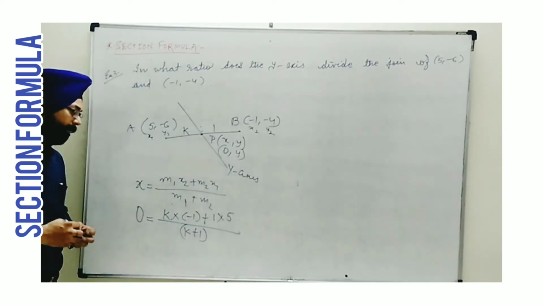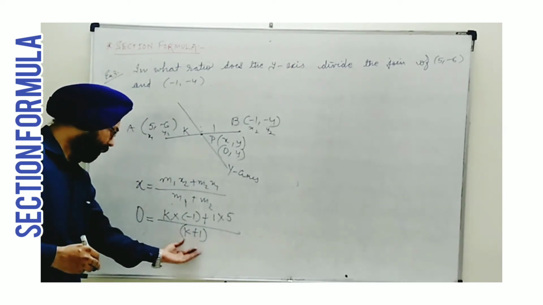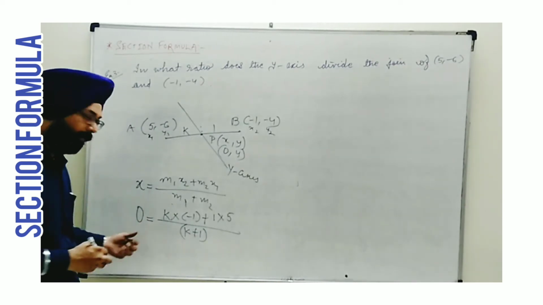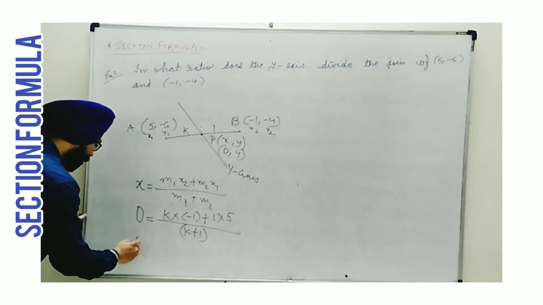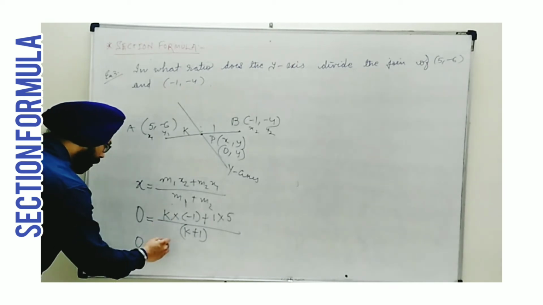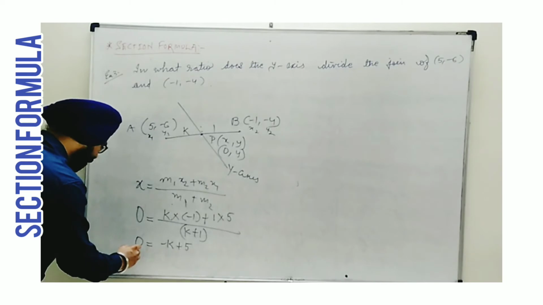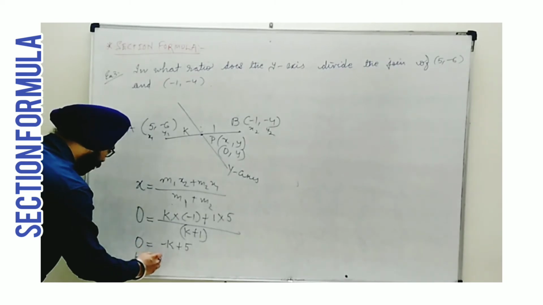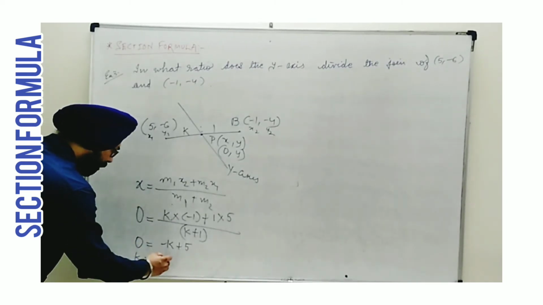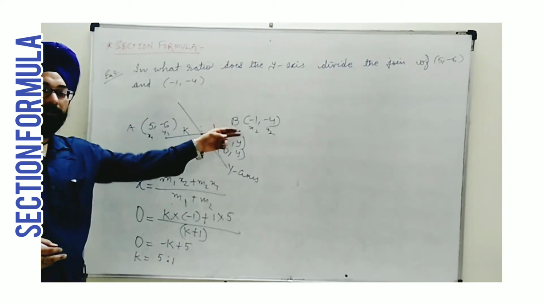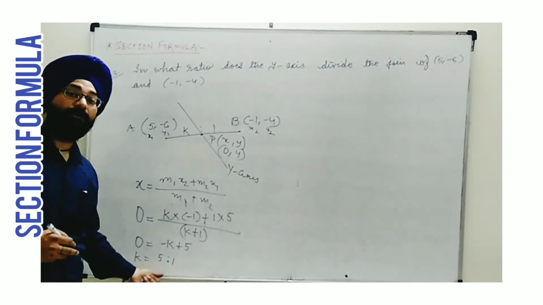If shifted to the left hand side, k plus 1 multiplied by 0 will turn completely 0. So we get 0 equal to minus k plus 5. If I shift k to the left hand side, I see k is equal to 5, or we can say this is 5 is to 1. Means the y-axis divides the join of these 2 points in the ratio 5 is to 1.